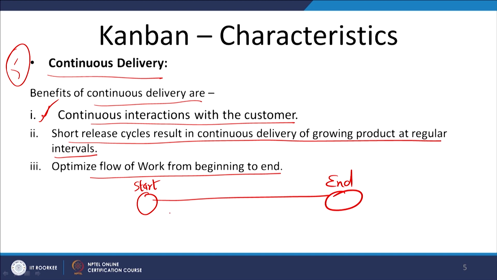So many intermediate activities are there. With the help of Kanban, you actually optimize each one of them, because of the visual display of information, you are able to optimize all intermediate steps from beginning to end. So, these are related to continuous delivery characteristics of the Kanban.